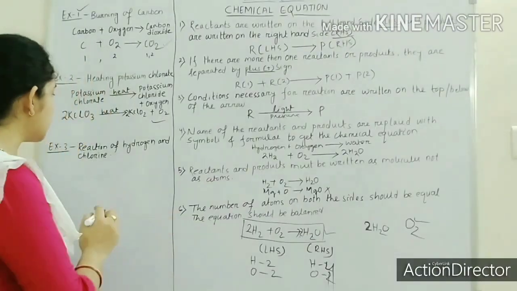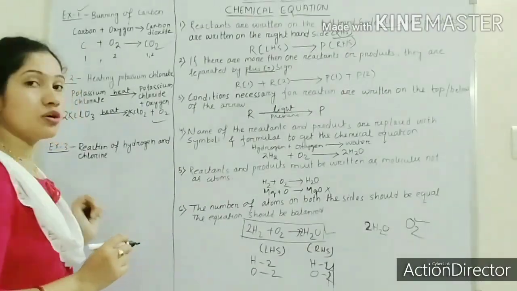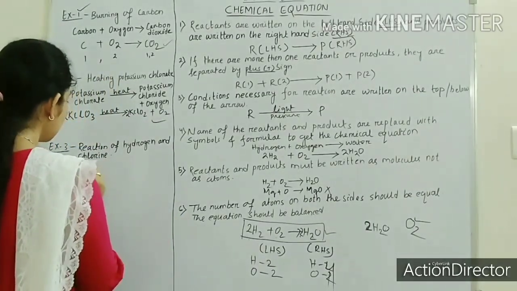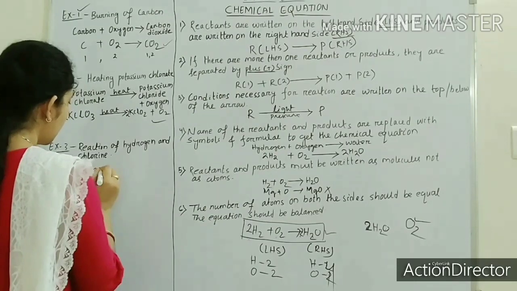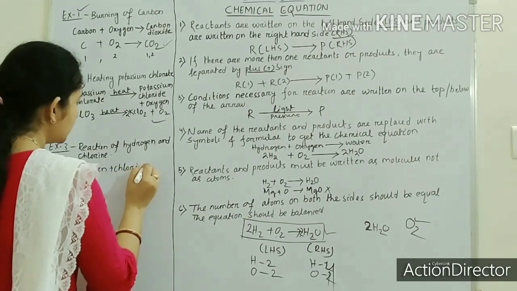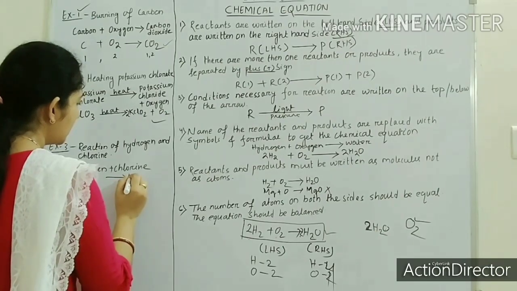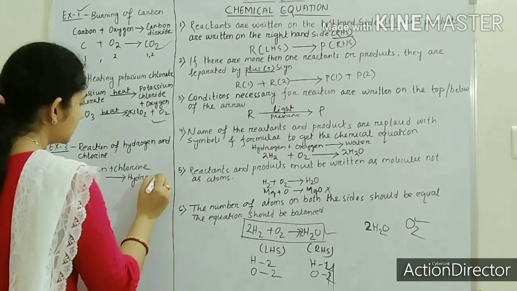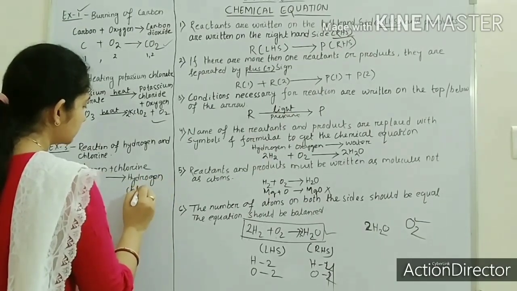Next, the reaction of hydrogen and chlorine. We can write hydrogen plus chlorine, they will form hydrogen chloride.